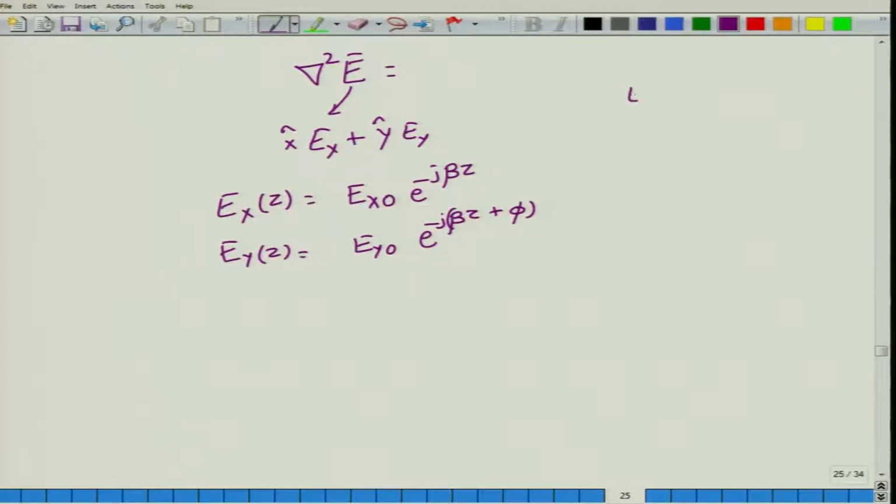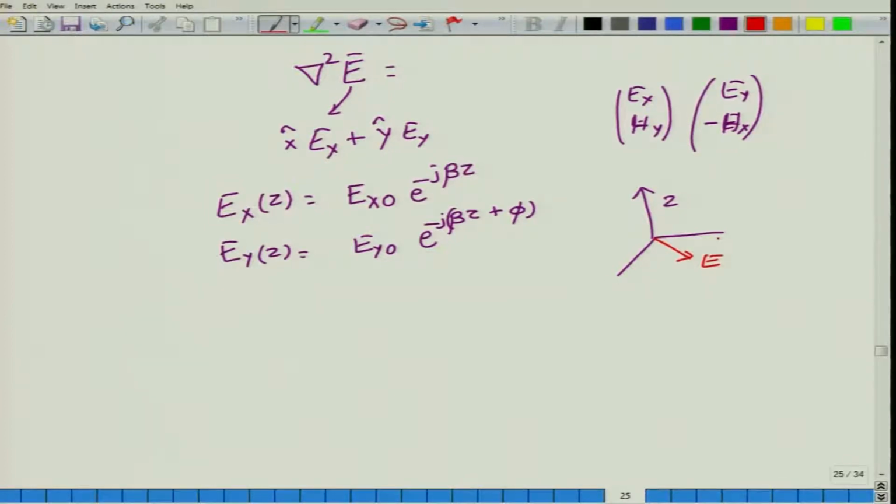Okay. Please remember, Ex and Hy are one group and Ey and minus Hx are another group for the TEM waves that are propagating along the z axis. So, along the z axis you can have an electric field which has both Ex and Ey components. If this is the wave direction, the z axis, the electric field can be in a direction that will have both x as well as y, and the corresponding magnetic field will also have components of Hy and minus Hx.